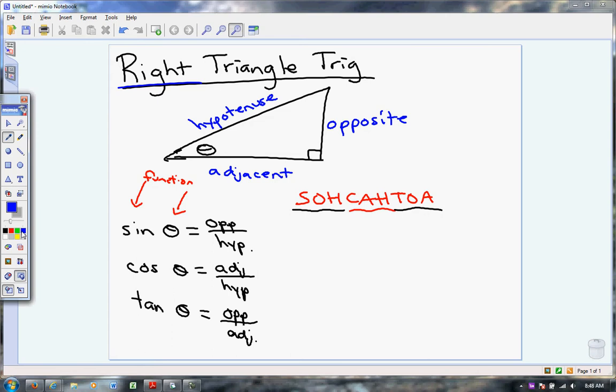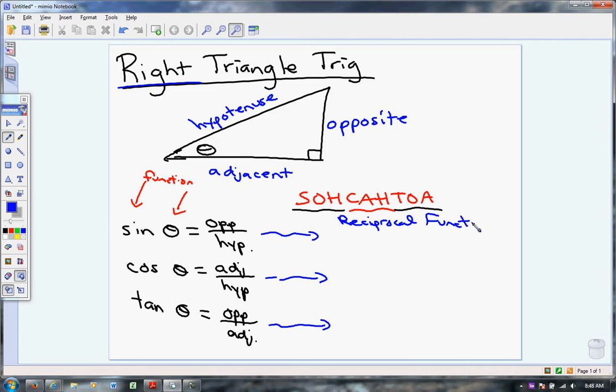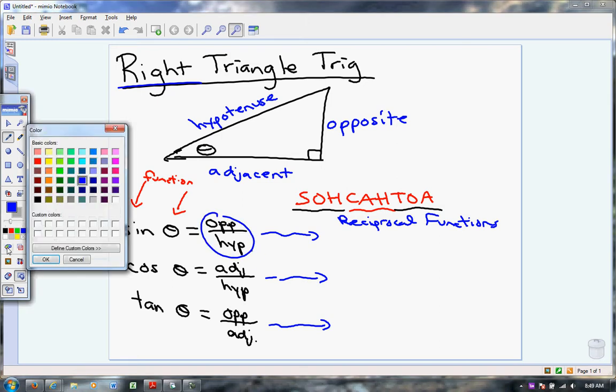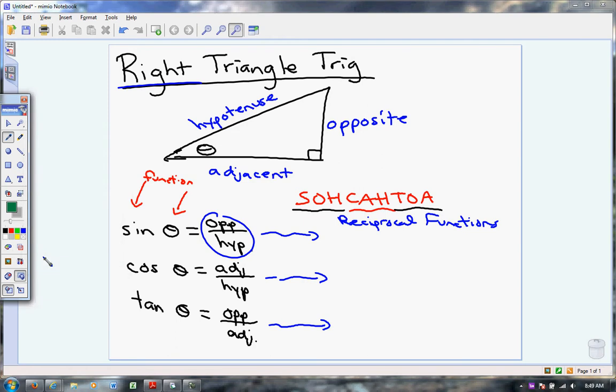Each of these functions have what I call a brother function. Their proper name is the reciprocal functions. And they're called the reciprocal functions because their value is just the reciprocal of this. So, for example, the reciprocal of opposite over hypotenuse is hypotenuse over opposite.